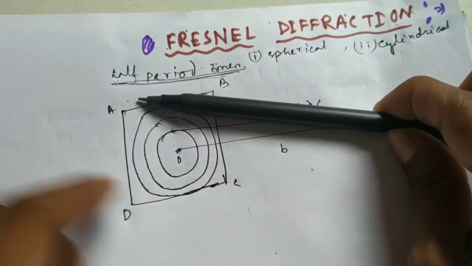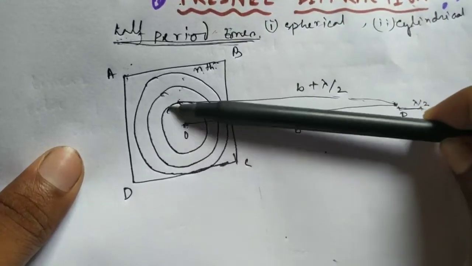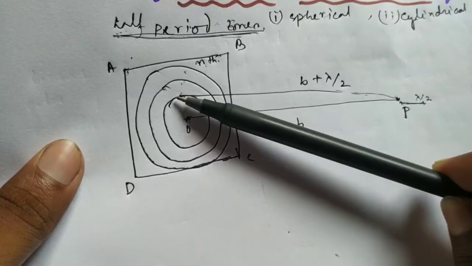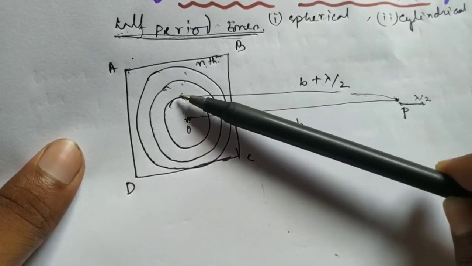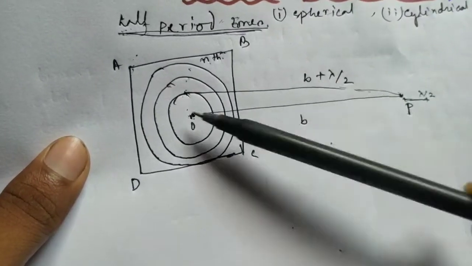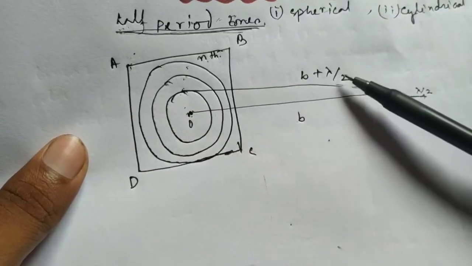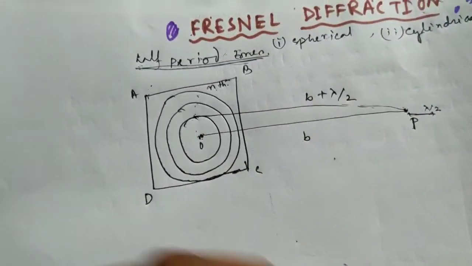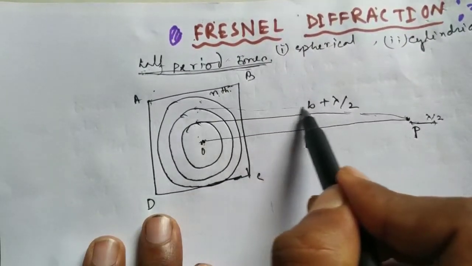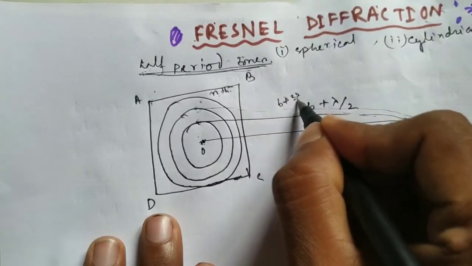Now the next circle is at distance b plus 2 lambda by 2.